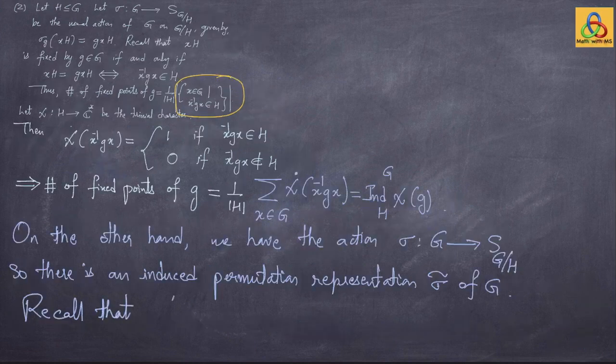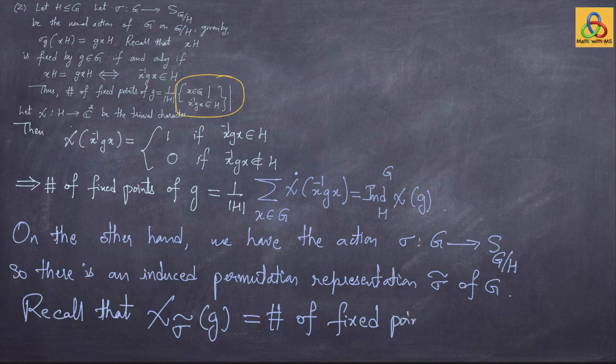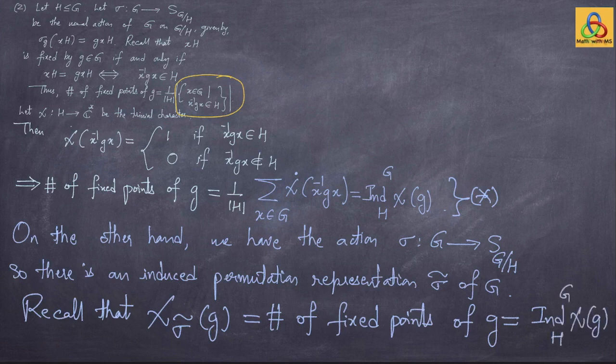Recall that the character of such a permutation representation sigma tilde acting on a group element g is precisely the number of fixed points of g under the given action, which we have just shown above in star is the same as induction of chi from the subgroup H to the group G acting at g.